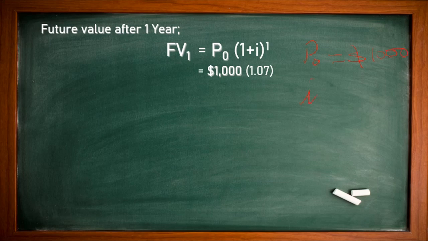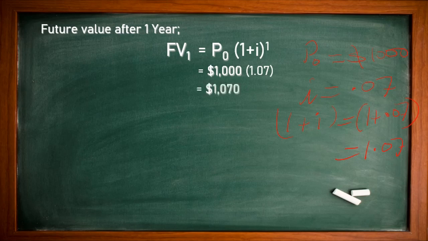Interest rate, I, is equal to 7%. So 1 plus I is equal to 1 plus 0.07, which is 1.07.